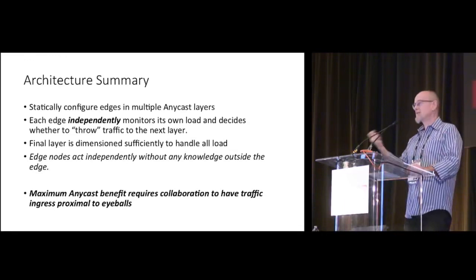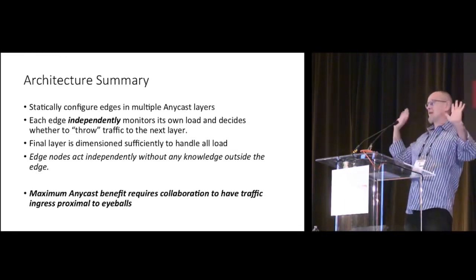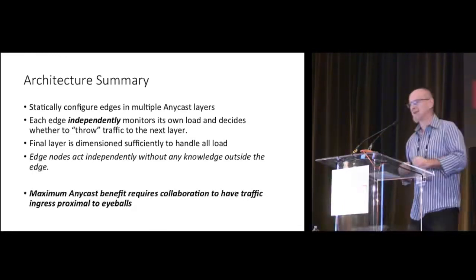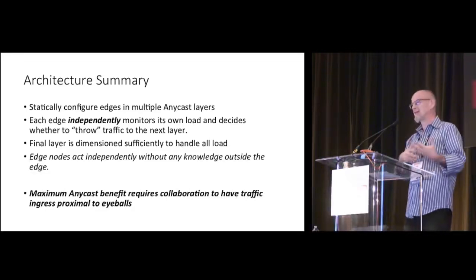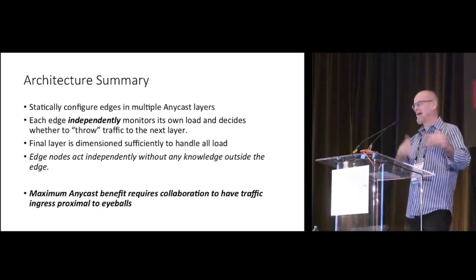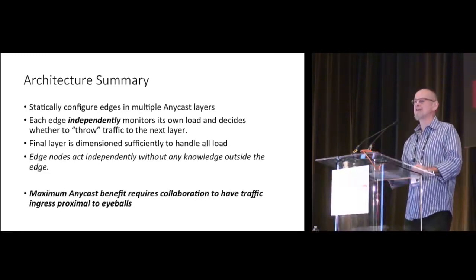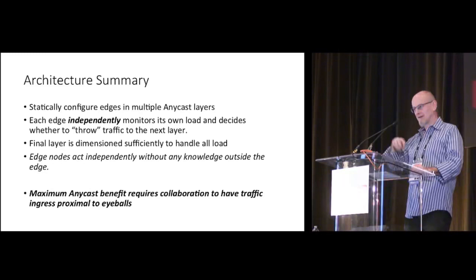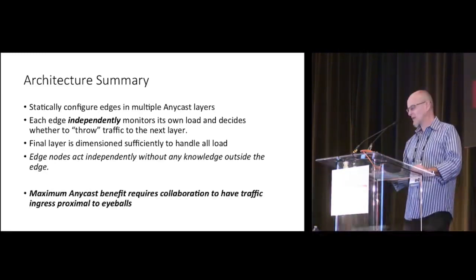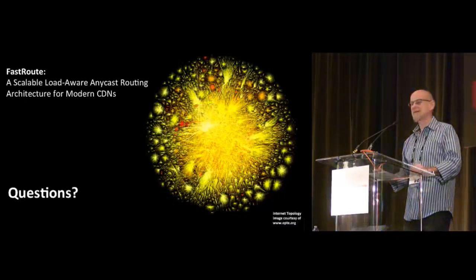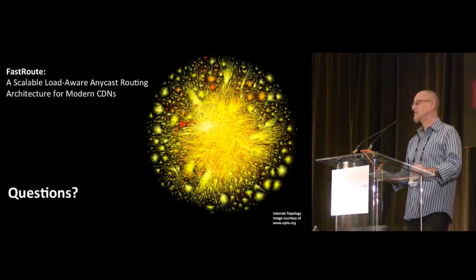If you choose to send all the traffic to one location, then your users will get slow performance, we'll handle it, we'll shed traffic. But in order to get the maximum performance here, having the customer's connection land on the server that is closest to the eyeballs is important. And that's it. Any questions?